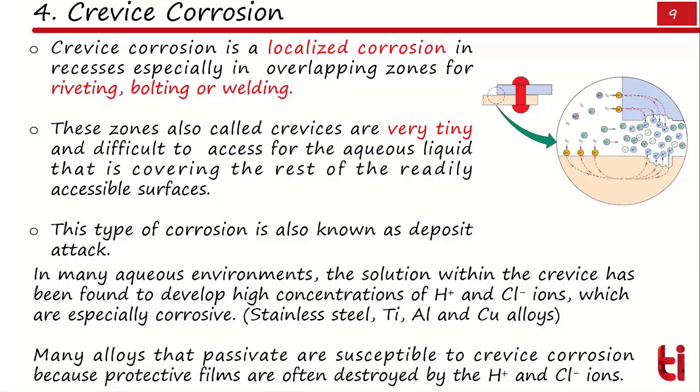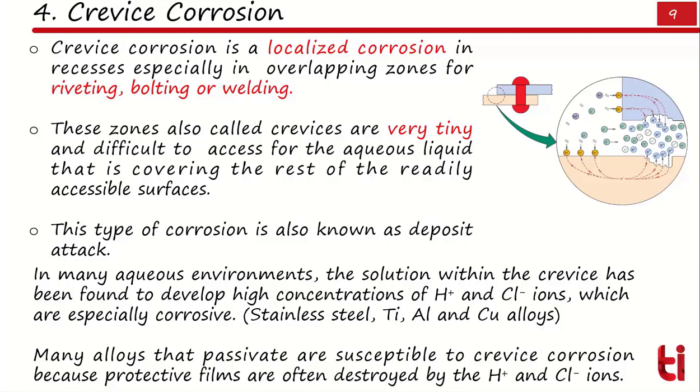Crevice corrosion is also a localized corrosion in recesses, especially in the overlapping zones for riveting, bolting, or welding. You can see two metal plates are riveted here, and in between them there is a small air gap. So liquids can flow in this region and produce corrosion in this crevice region.